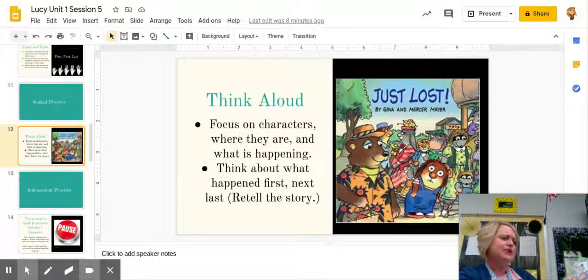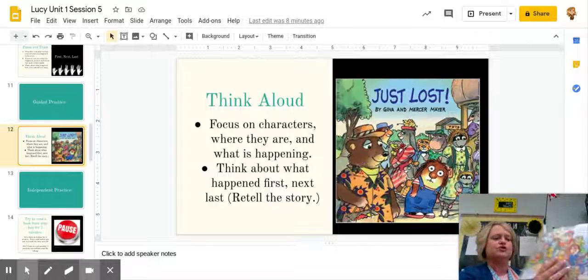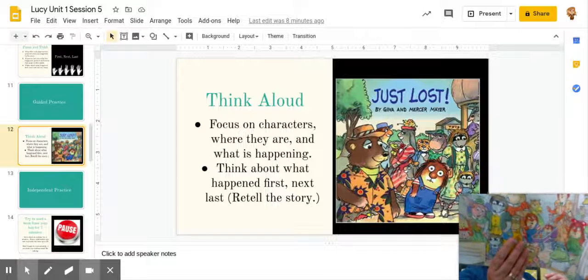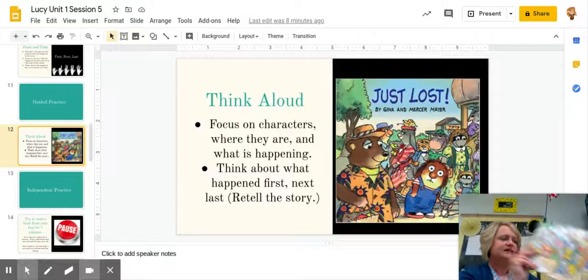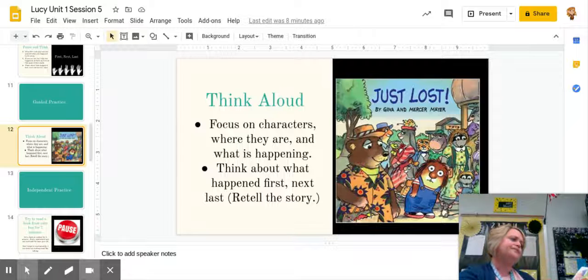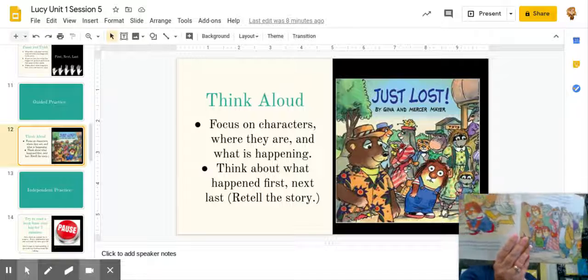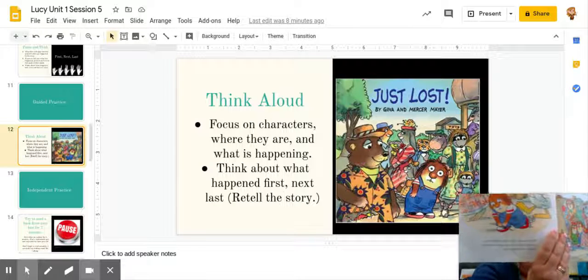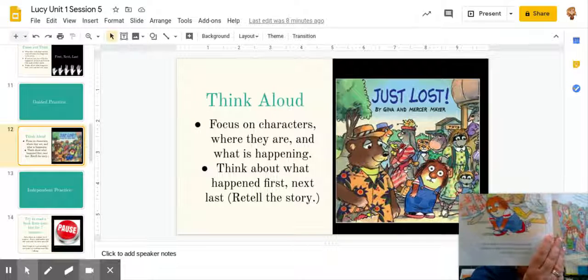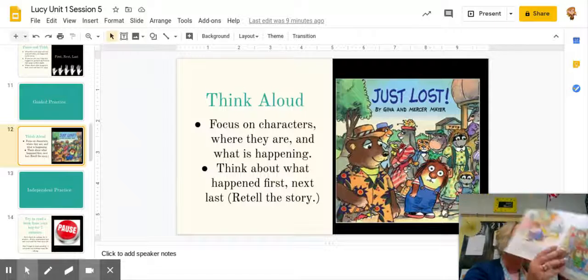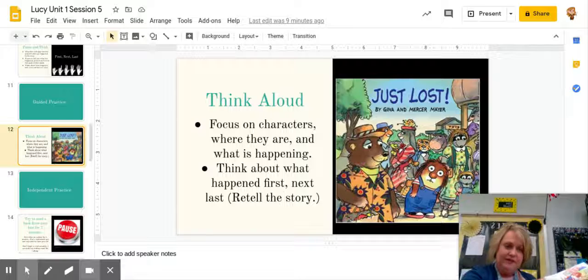And so when I'm looking at this, I notice that mom has a stroller. She's got the baby with her, and there are lots of people. I also know by looking at this picture that little critter is going to stop and he is going to tie his shoe. So I bet that's going to be important. In fact, I can even probably predict that that's why he gets lost, is because he stops in the middle of the crowd.